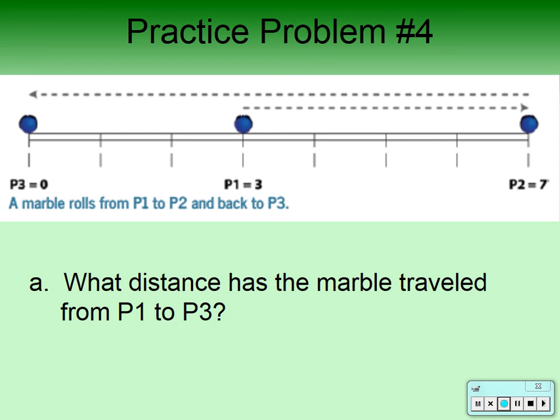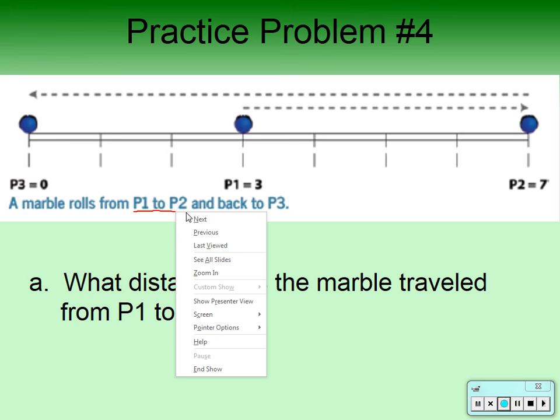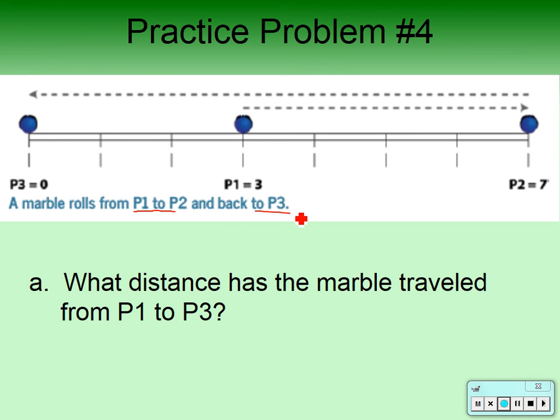It's also got a couple of parts. So let's look at this diagram. It's of a marble. It rolls from P1 to P2, and then back to P3. So it's going to here, and then back. Let's answer the questions. A, what distance has the marble traveled from P1 to P3? Let's do P1 to P2 first. What was that distance here?